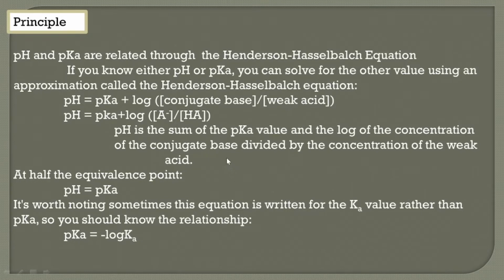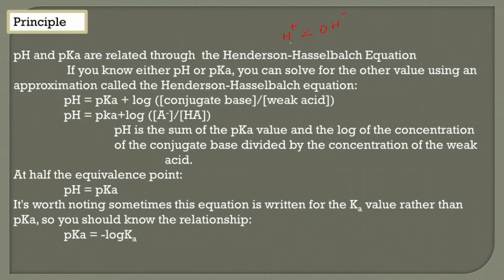Then as we add a base to an acid, at a particular point a neutralization will happen. That means the number of H plus becomes less than the number of OH minus.